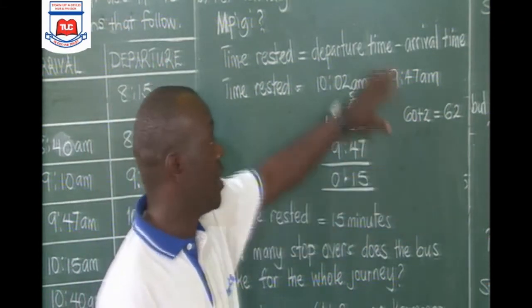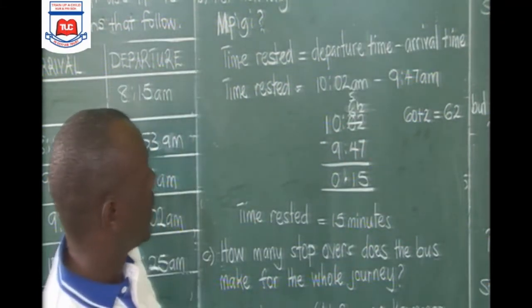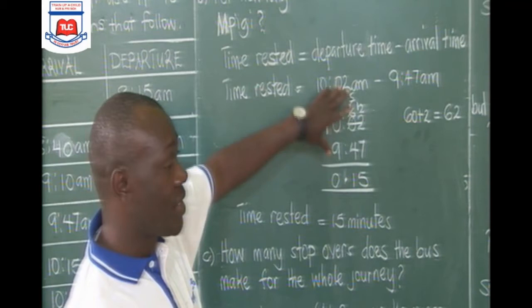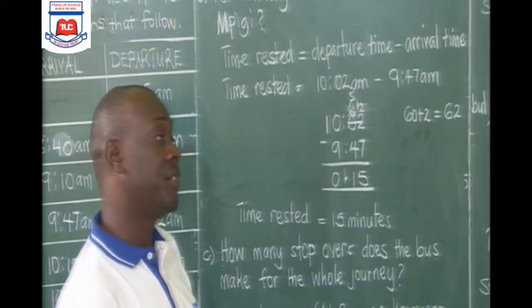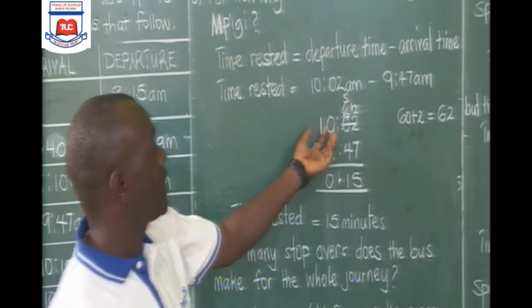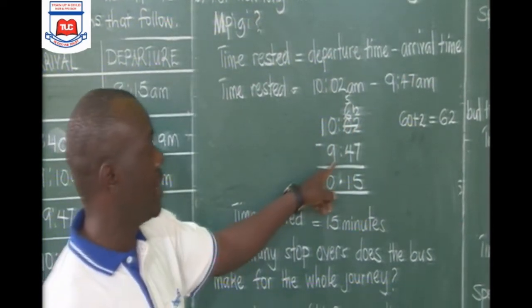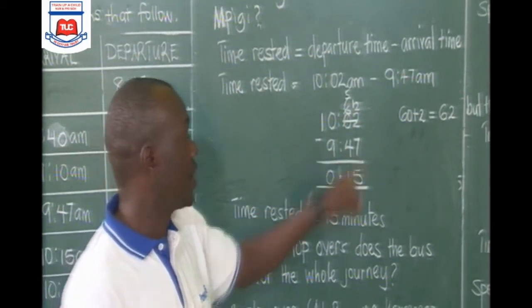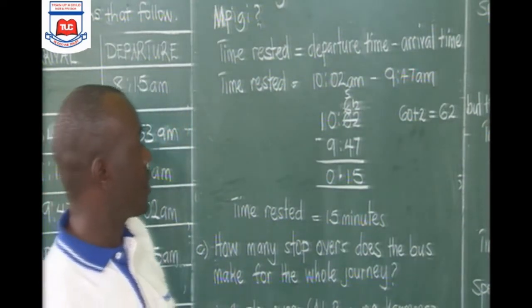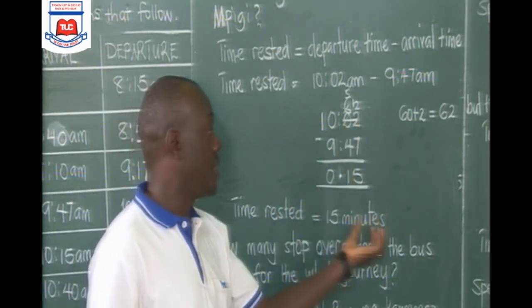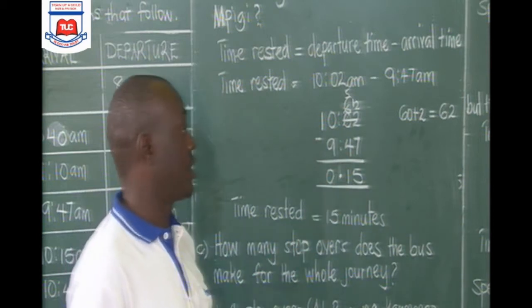That is, now you have freedom to subtract. Hence, you organize your time vertically. That is 10:02 minus 9:47. Now, as you see, these are hours.